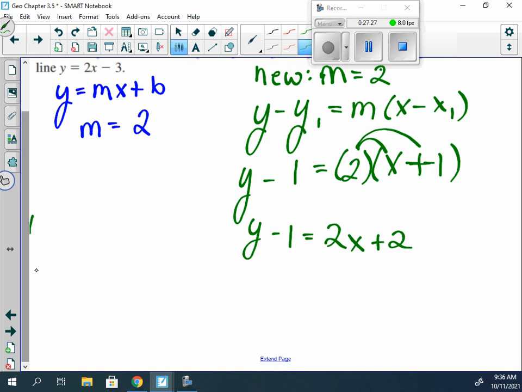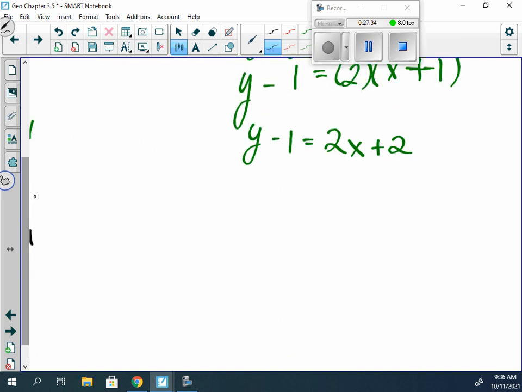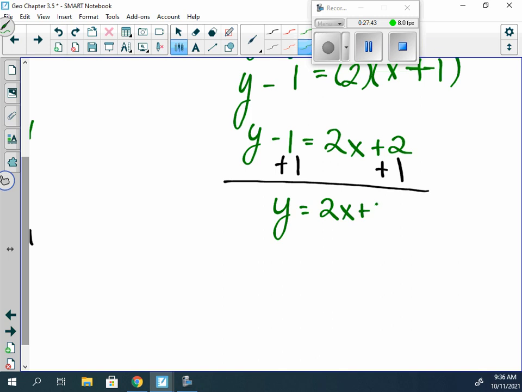Is y completely by itself? No, so what do we need to do? We just need to add 1 to both sides, which tells us y is equal to 2x plus 3.